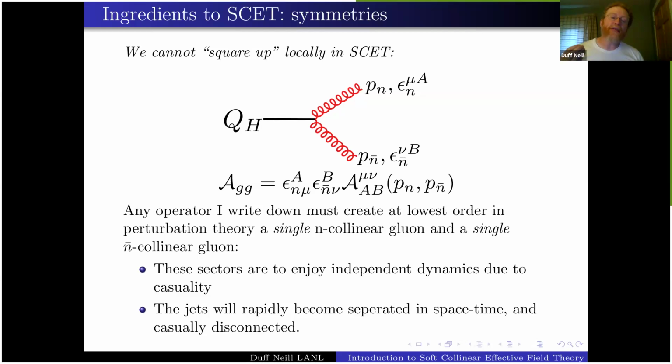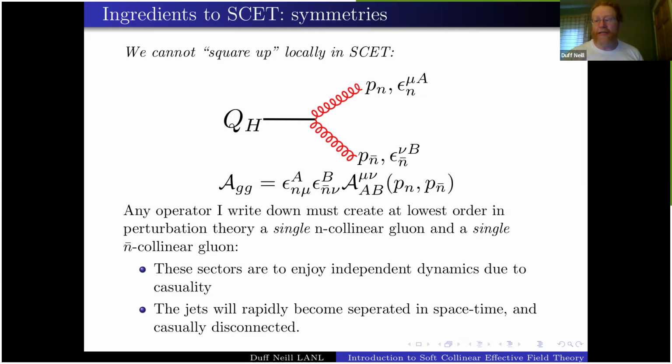And each one of these sectors is going to enjoy, hopefully, as I claimed earlier, independent dynamics, basically due to causality. These gluons are rapidly moving away from each other, and so the amount of time that they could be in causal contact with each other is going to be very, very short. And once they're not in causal contact with each other, they better have just independent dynamics.